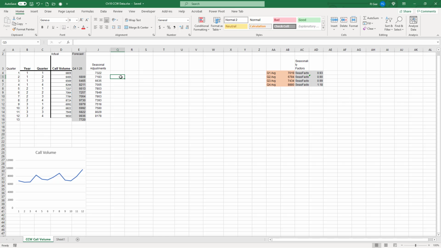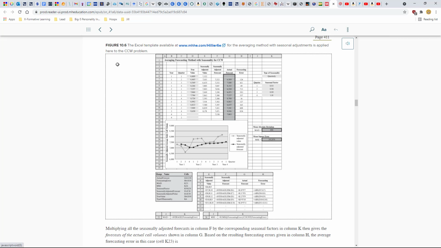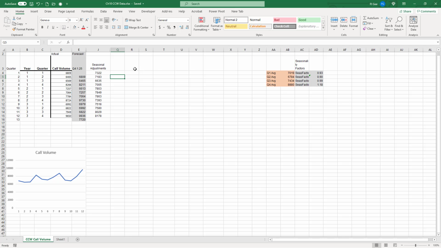We now need to put, what do they call it? I'm going to use their heading here. Their heading is seasonally adjusted. Just making sure I use what they use.